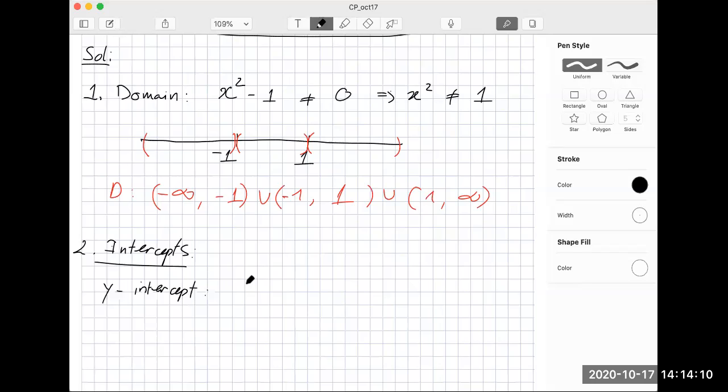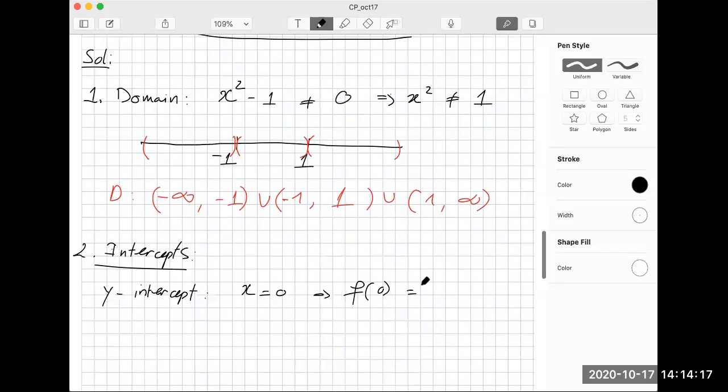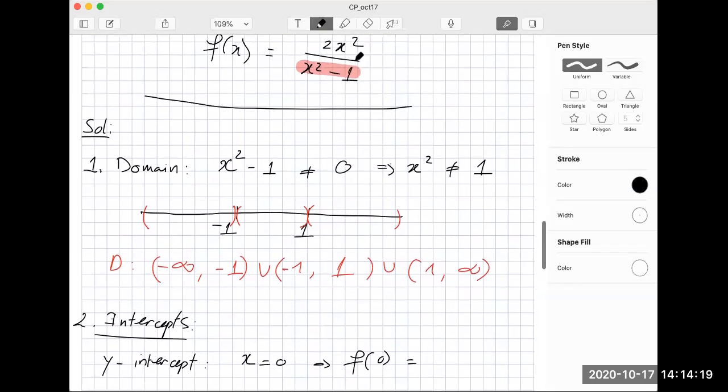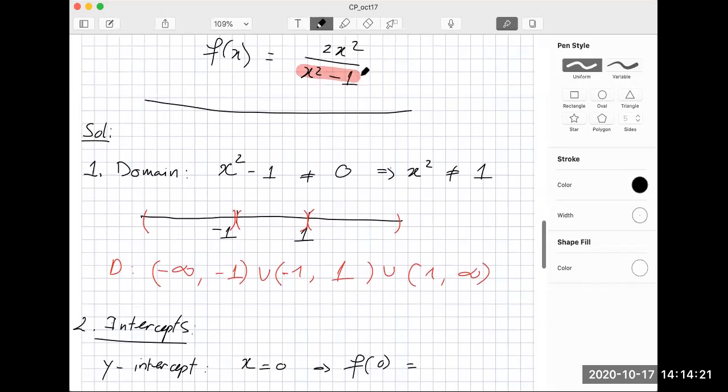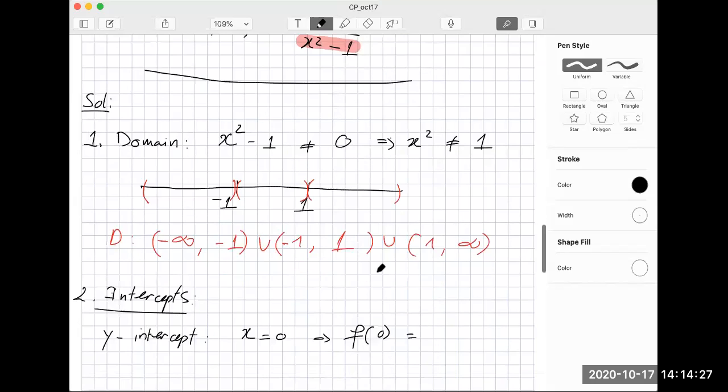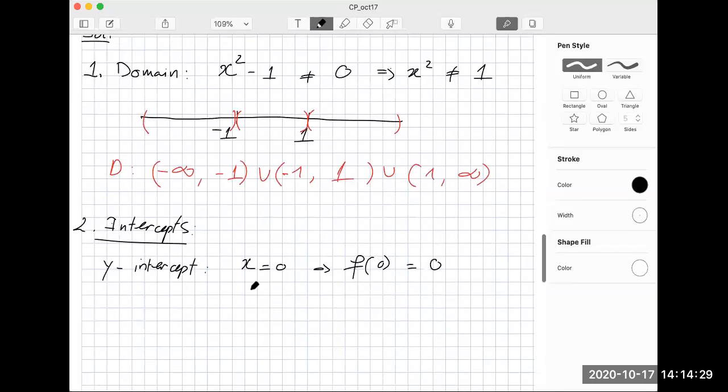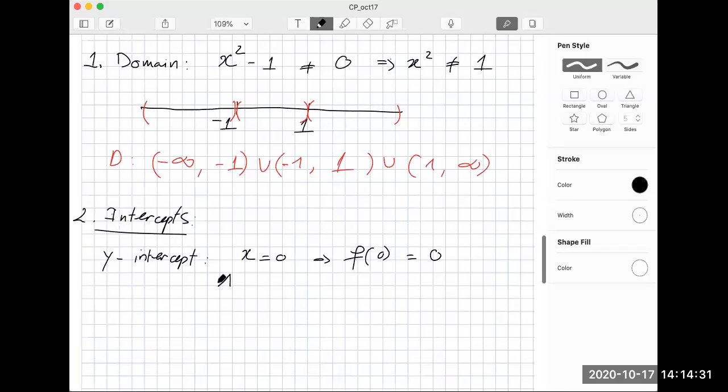At x is equal to 0. So what is f of 0? 0. Yes, it is 0. Therefore, the y-intercept is the point A, 0, 0, right?